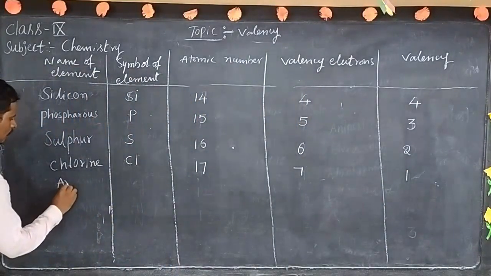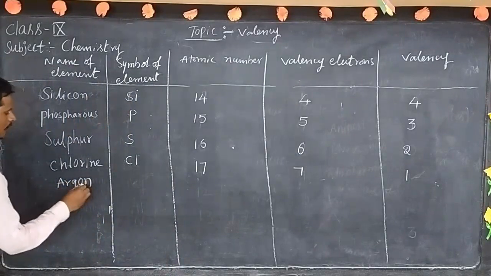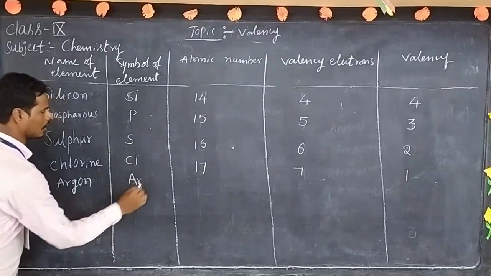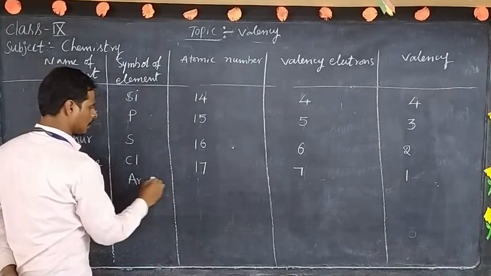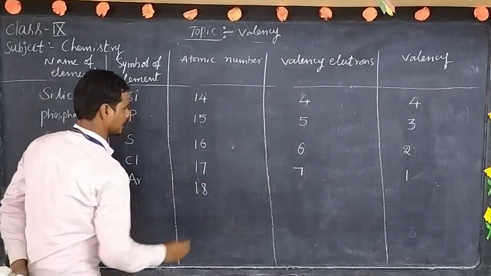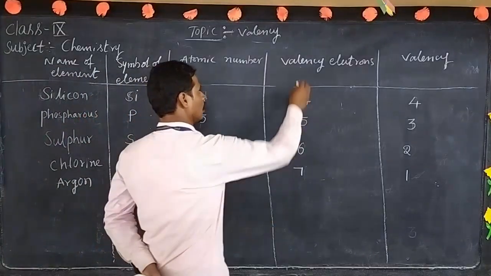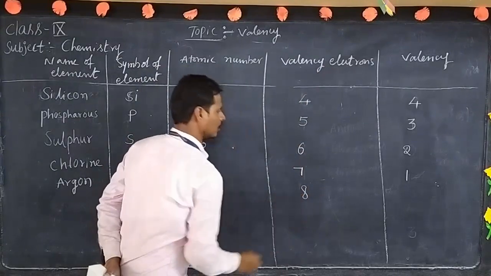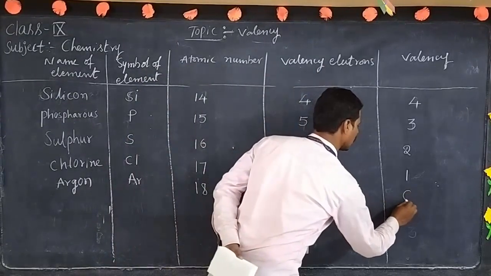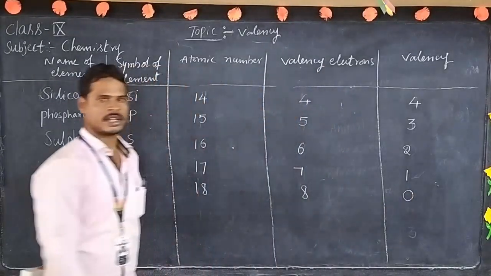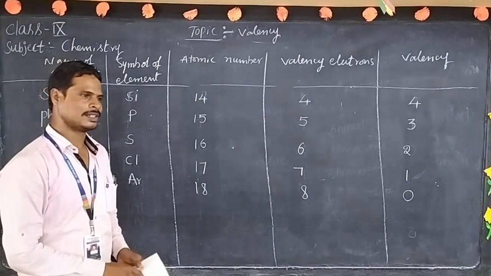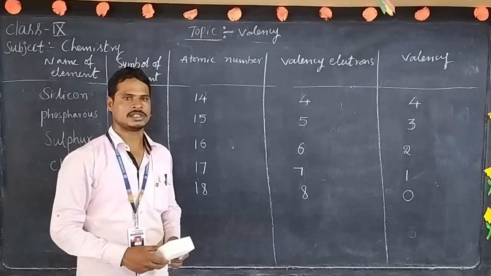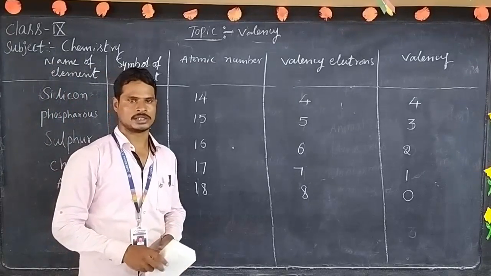Next, argon. Name of element is argon. Symbol of argon Ar. Atomic number of argon 18. Valence electrons present in argon 8. Valency of argon 0. Why does argon have 0 valency? Because argon is an inert gas. Inert gas always has 0 valency.